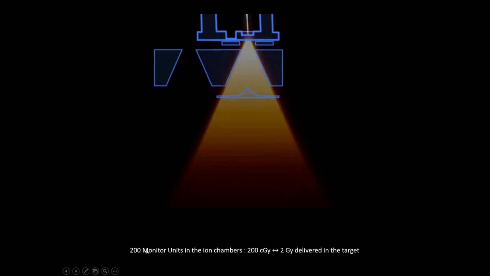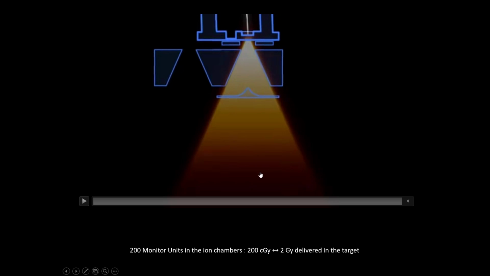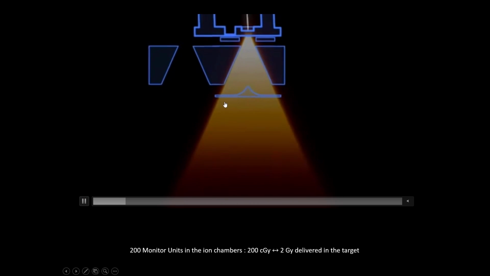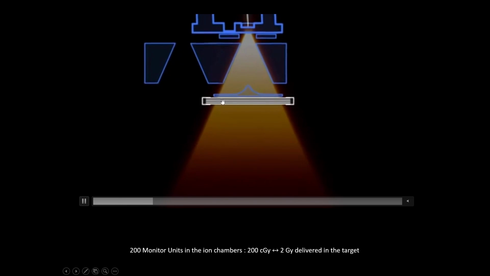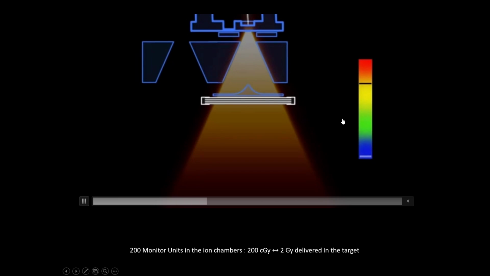Let's say that you want to deliver 200 monitor units because you want to have a dose of 200 centigrades, which are 2 grays, delivered in the target. So what do you do? You switch on the beam, and in the beam path you've got those two ionization chambers, and they are collecting charges.